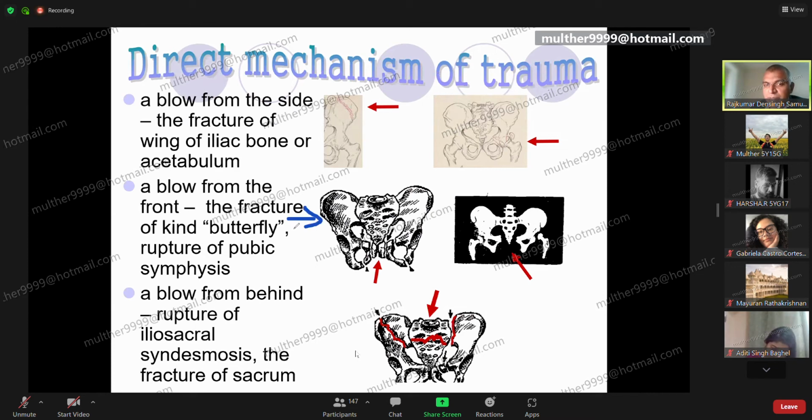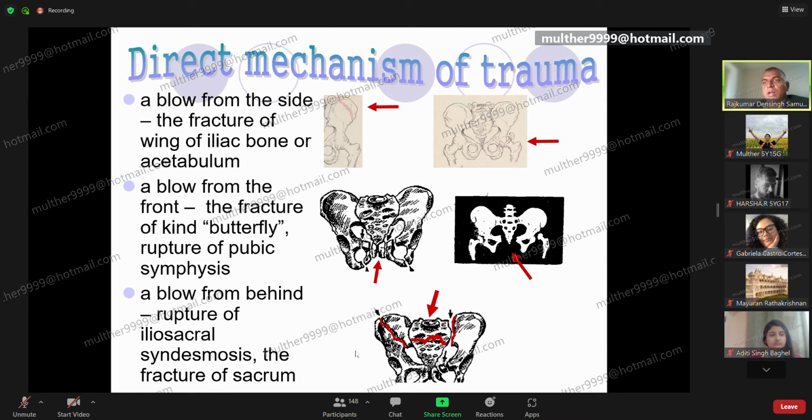The patient's pelvis is compressed on both sides laterally, and fracture can happen in this angle, or vice versa. When the patient has anterior or posterior compression, the patient can have fracture on the sides. Understood? Any questions on the indirect mechanism of trauma?